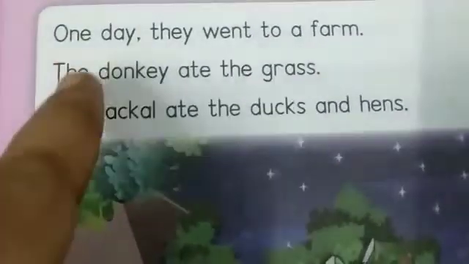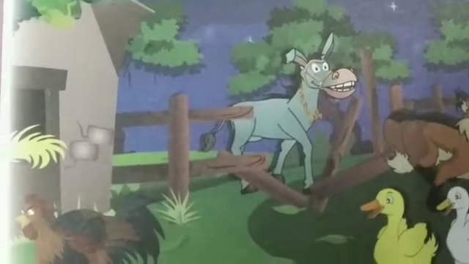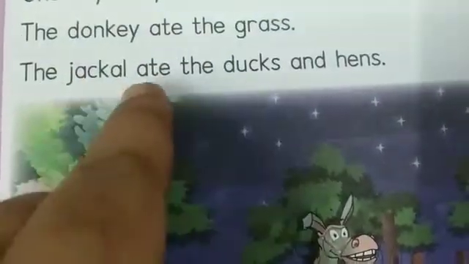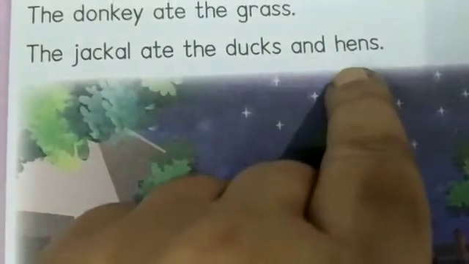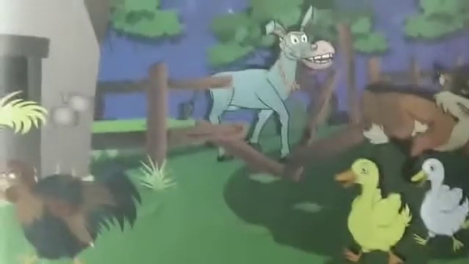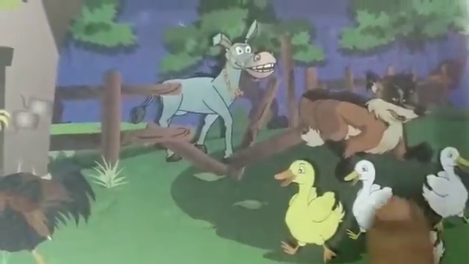The donkey ate the grass. What did the donkey eat? Grass. Now what? The jackal ate the ducks and hens. So what did the jackal do? It ate all the hens and ducks in the farm.